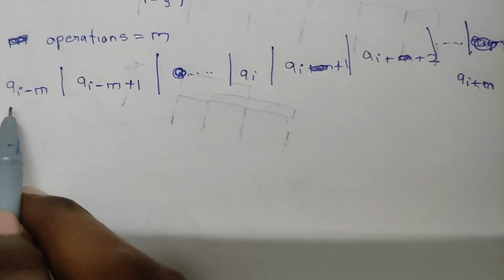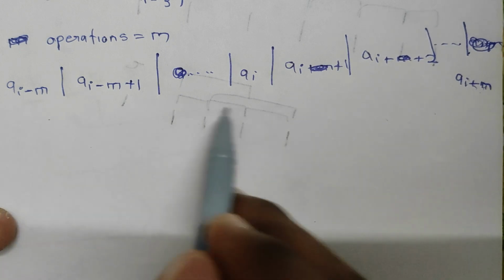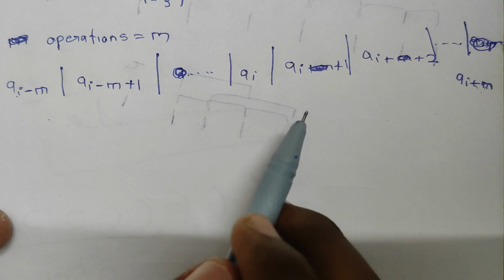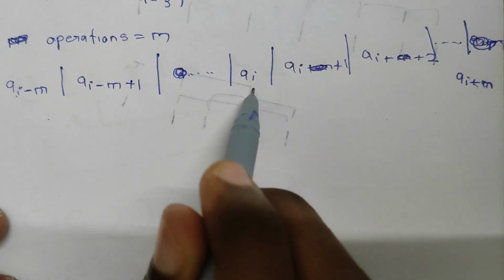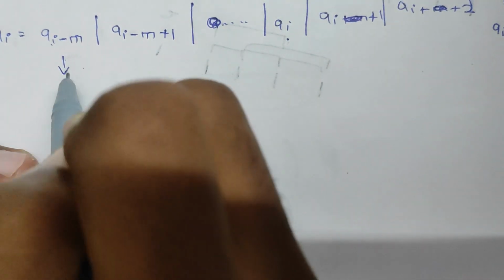So from ai minus m till ai plus m, we are taking the OR of all the values, and that's what affects ai.